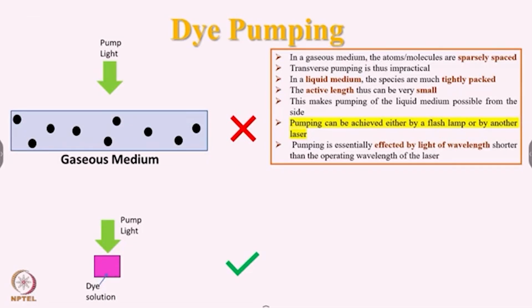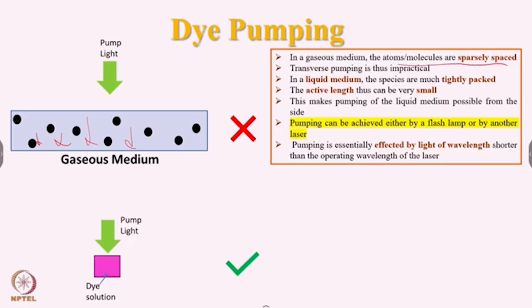How do you pump a dye laser? You know that in a gaseous medium the atoms and molecules are very widely separated. Therefore, it is not suitable for transverse pumping because many photons will just escape through the gap and would not be absorbed by the light emitting molecules.